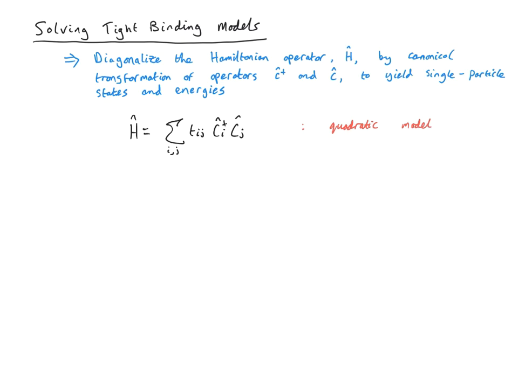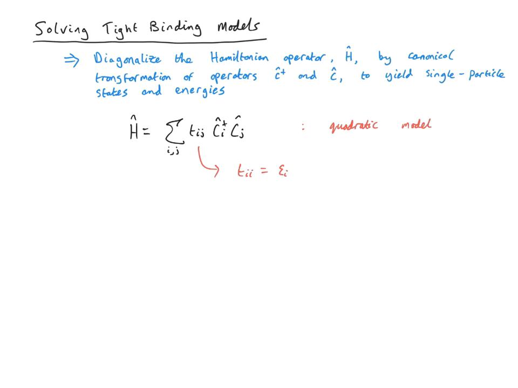And it's really this property of just having pairs of operators that allows us to do a canonical transformation to bring this to diagonal form. One other thing, it's quite traditional to let the diagonal components of this, t_ii, be the on-site energies. So this is like a potential, if you like, for a particular orbital i.